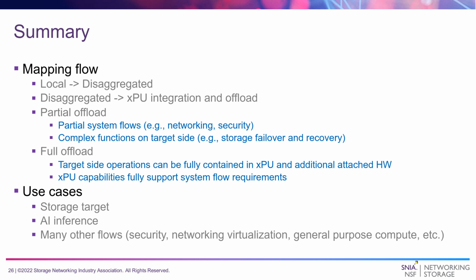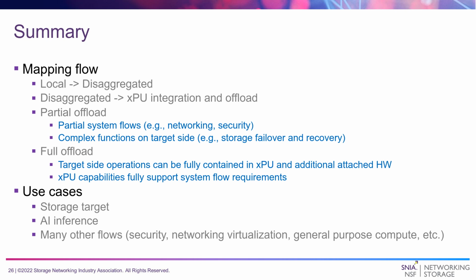So let's summarize how we deploy it. First of all, if we have a local workflow, we need to map it to a disaggregated flow. Once we do that, we need to see what functions we can or should offload to the xPU, starting from low-hanging fruits like the usual suspects of data-centric, but also looking for system-level bottlenecks and operations that have a high overhead on the host, but are simple enough to be done on the xPU that you are deploying.